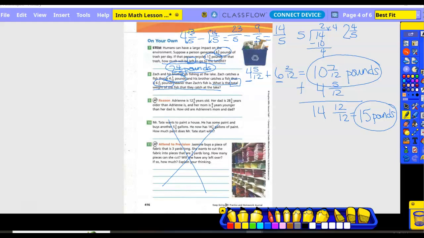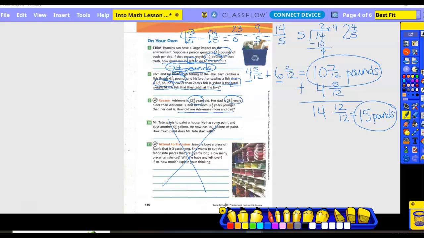Number 9, Adrian is 12 and 4/6 years old. Her dad is 28 and 5/6 years older than Adrian is, and her mom is 8/6 younger than her dad is. How old are Adrian's mom and dad? So first of all, we probably need to figure out how old dad is, right? So we have Adrian, who is this, her dad, who is this.